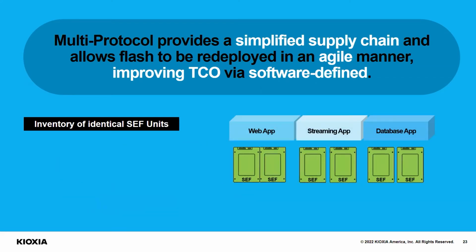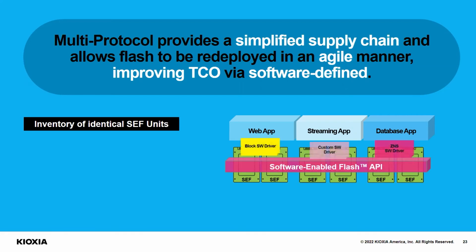Using the software-defined API, applications communicate with the software-enabled flash drive with whatever flash stack is best for their use case. A very simple software driver that runs inside the application itself.